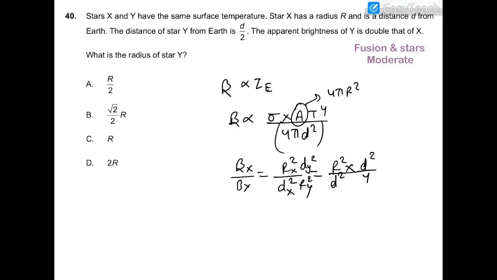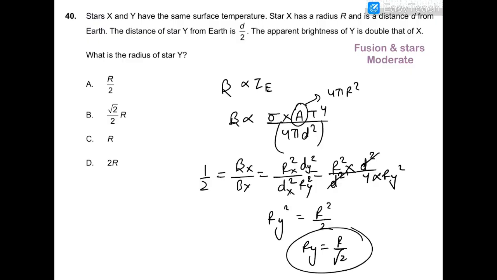So this is d square, and this is ry square. Cancelling d square with d square, and the brightness of Y is double of that of X, so it is half. So ry square is equal to r square by 2. So ry is equal to r by root 2. So the correct answer is B.